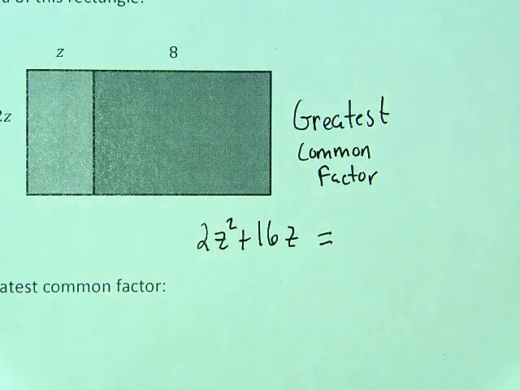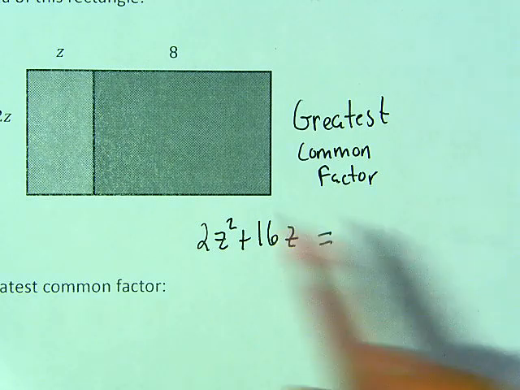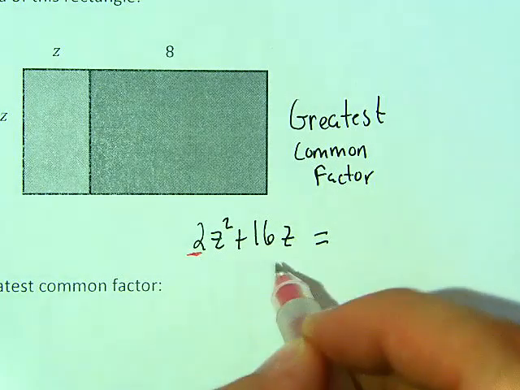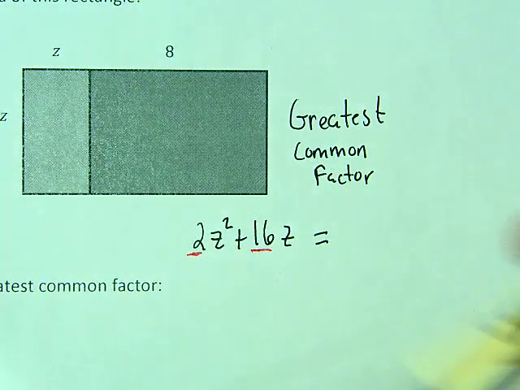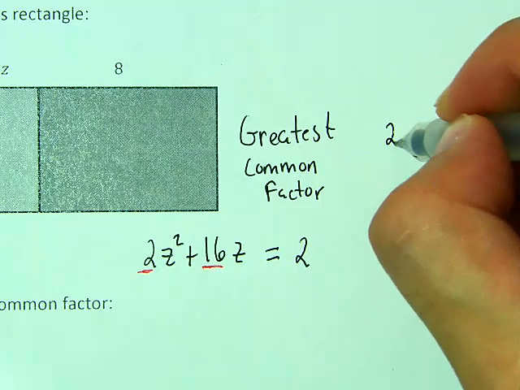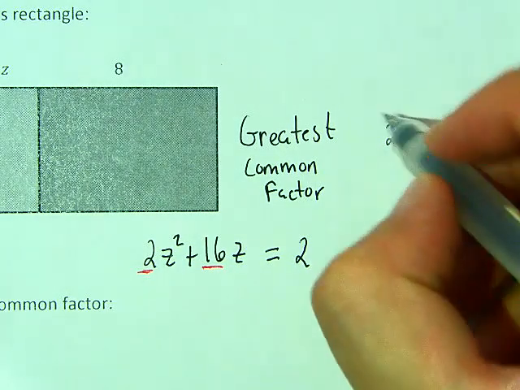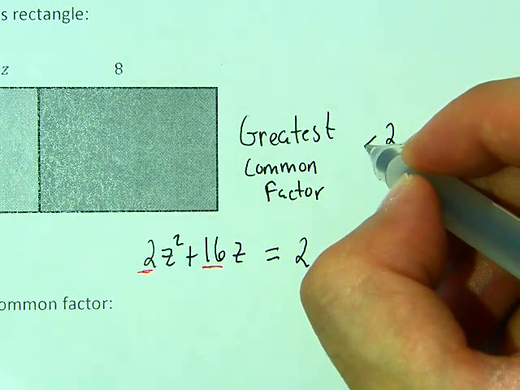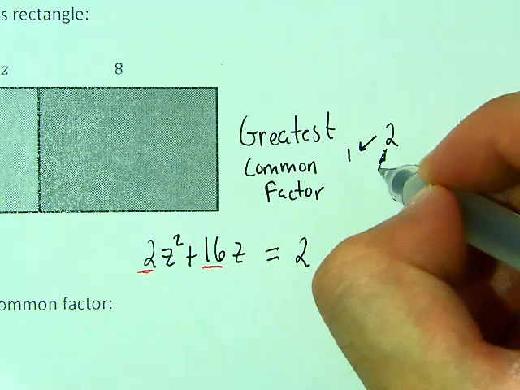Notice that if I just look at this part over here, what's the greatest common factor of 2 and 16? That will be 2. Because let's say I have the number 2 and the number 16. What numbers, when you multiply, give you 2? It's only 1 and 2, right?